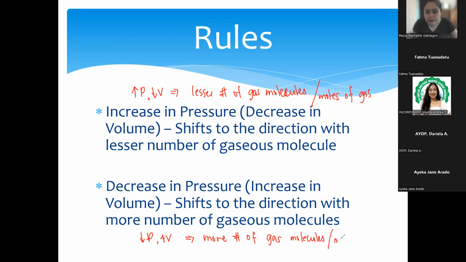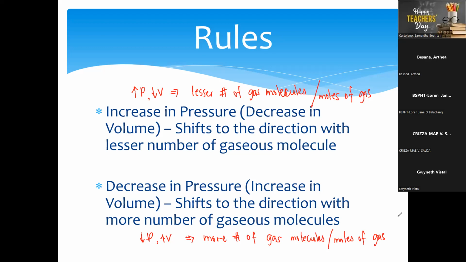Okay? Or merong mas maraming moles of gas. Okay? So in studying, class, you may have this one, yung summary natin para mas mabilis niyo siyang matandaan. Okay? Sige, do you have questions before tayo mag-move on?